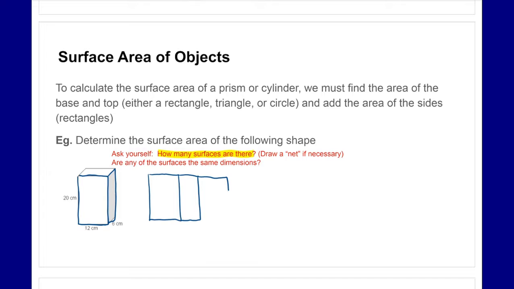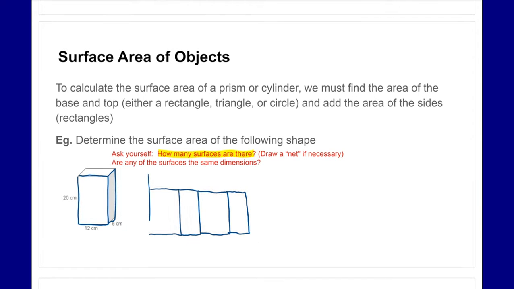Then we'd have a longer side, and a shorter side, the far opposite side. And then we would have our base and our top. Again, it doesn't really matter where they would go, assuming they go on either side. It just depends on how it would be orientated.